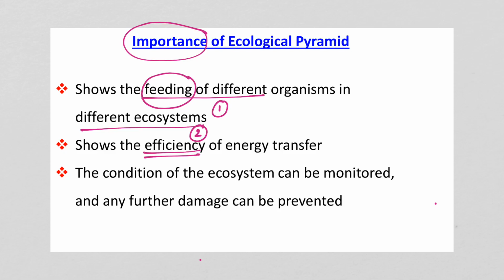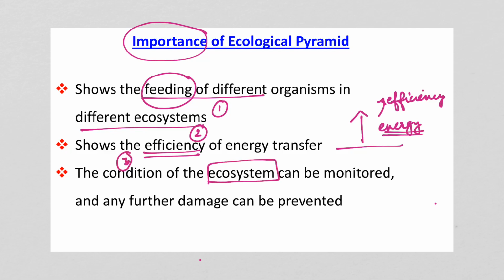The pyramid will help us understand how much energy is being transferred from one level to the next. Third, the condition of the ecosystem can be monitored and any further damage can be prevented. With the help of the ecological pyramid, we can understand the condition of the ecosystem, and by understanding that, any further damage can be prevented.